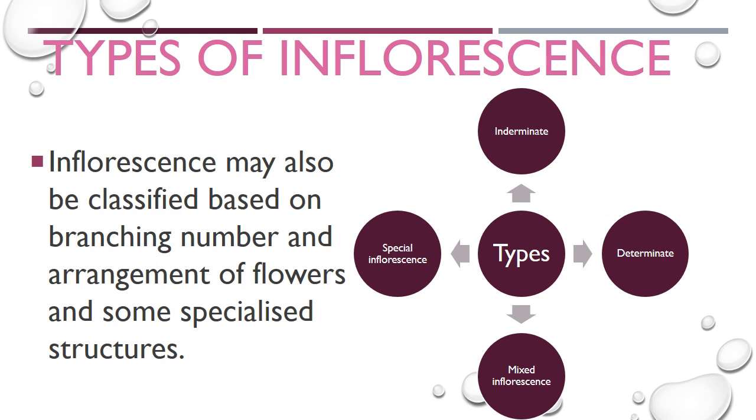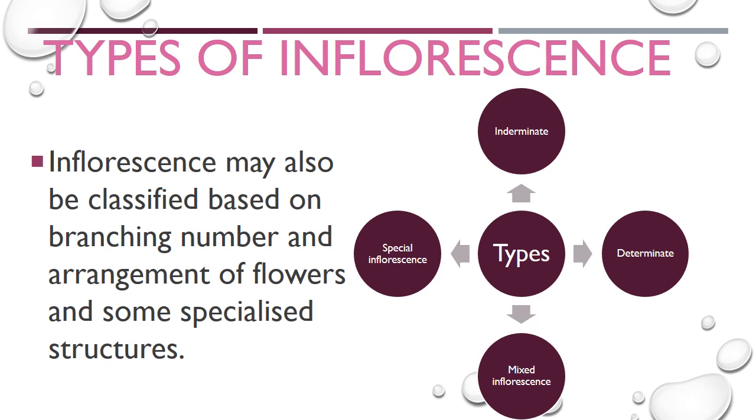First one is indeterminate inflorescence, second is determinate inflorescence, third is mixed inflorescence, fourth is special inflorescence. These are the four types of inflorescence based on basic branching number and arrangement of flowers, and some specialized structures.